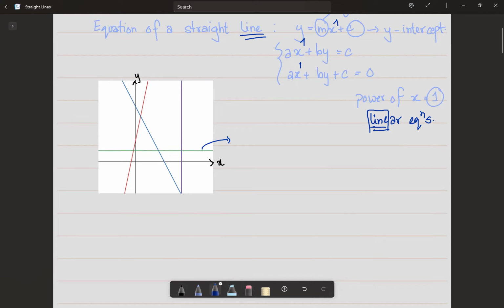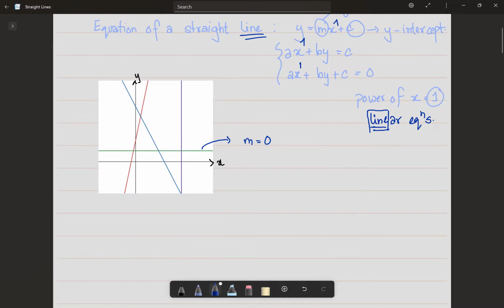What is gradient? Gradient is the steepness of a line. This line is completely horizontal. For a horizontal line, we can say that the gradient is 0 because it is not steep at all. So in here, the gradient is 0.